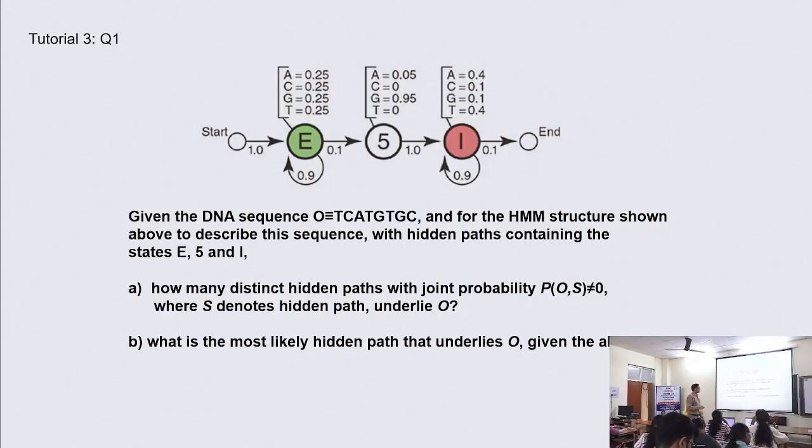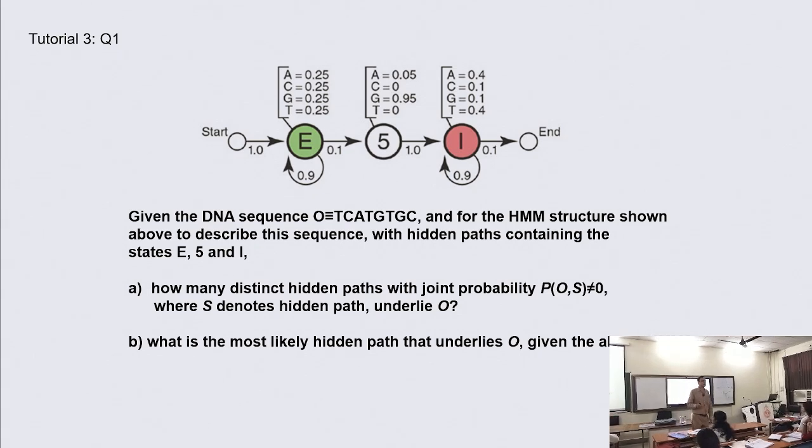So now the next question is, what is the most likely hidden path that underlies observation sequence O given the above HMM? So how will you compute this? You have to find the most likely hidden sequence that underlies this observation sequence. And once you have found the most likely hidden sequence, then you know where the splice site is, right?